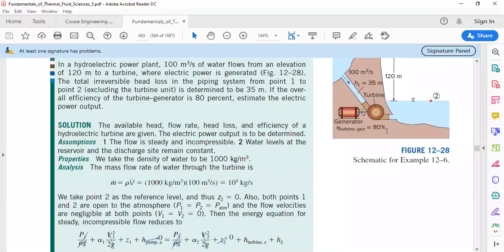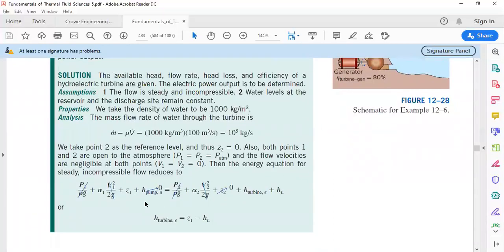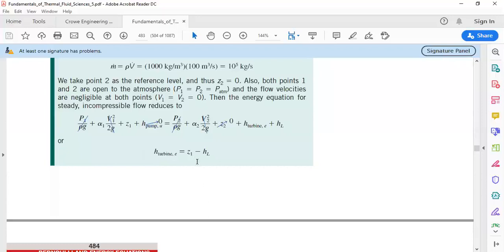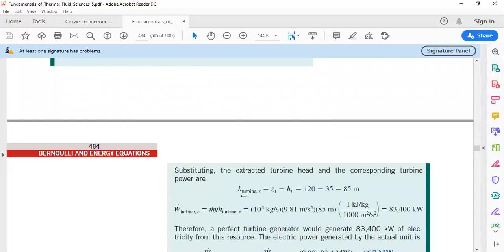There is no pump between points 1 and 2, so the pump head will also be 0. So the equation reduces to the form that the extracted turbine head equals Z1 minus the head loss. We know Z1, we know the head loss, so we calculate the extracted turbine head. That equals 85 meters.